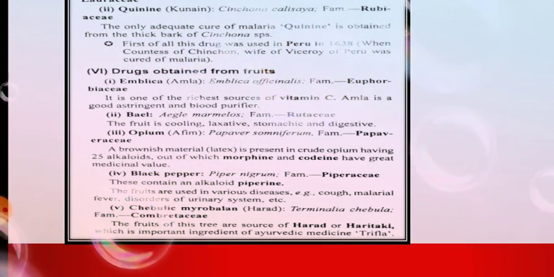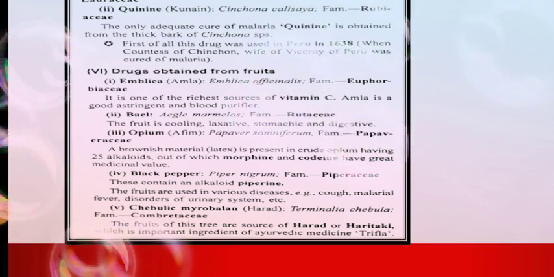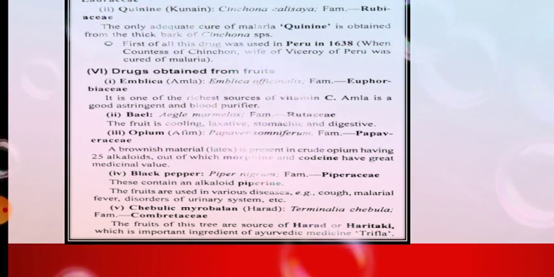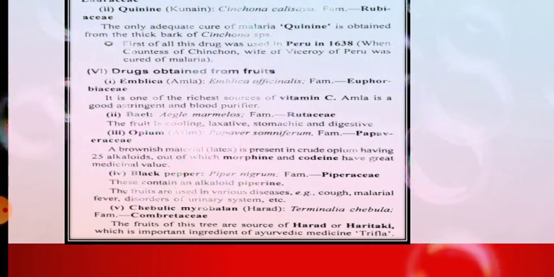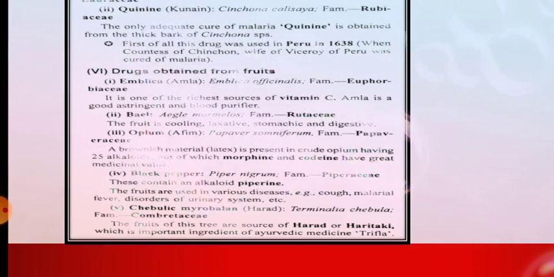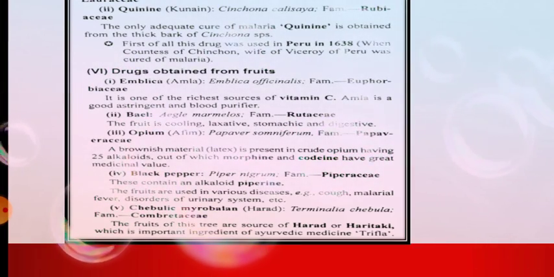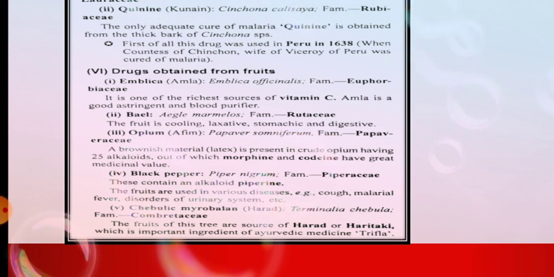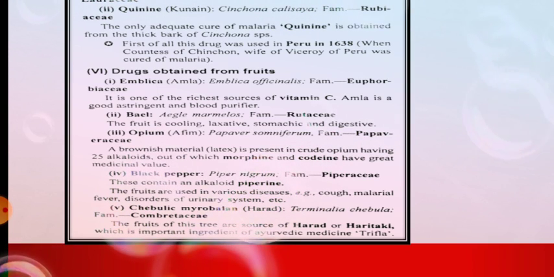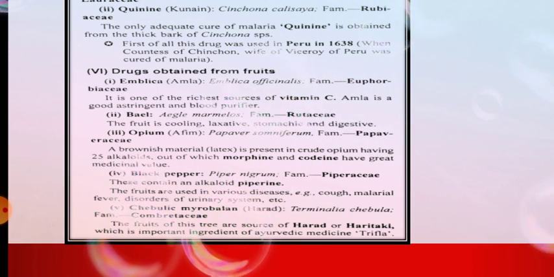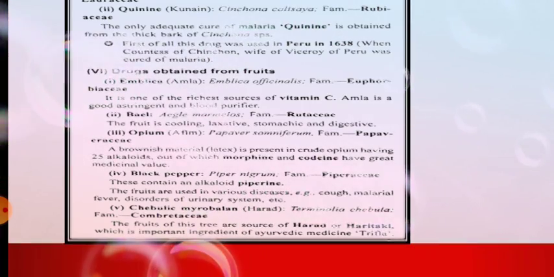So Triphala is known as the Ayurvedic medicine, obtained from Terminalia chebula, or normally called harad. So these are some different types of drugs obtained from the fruits.